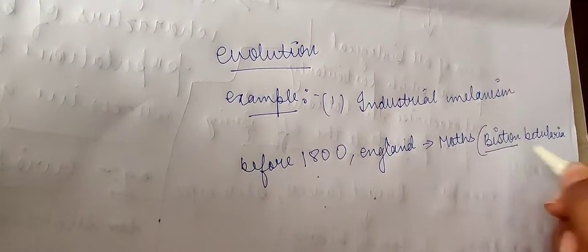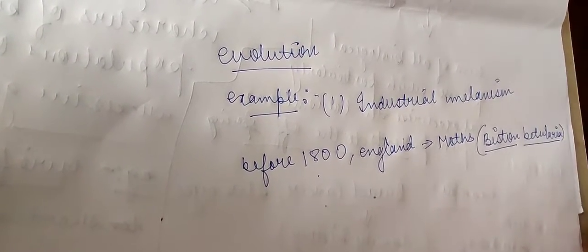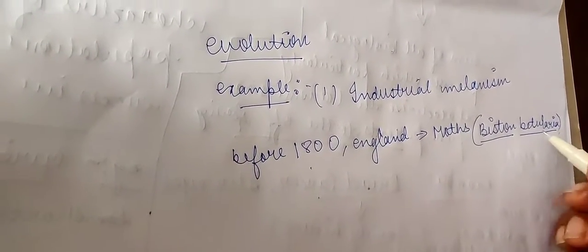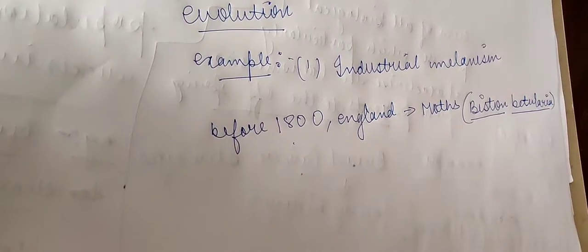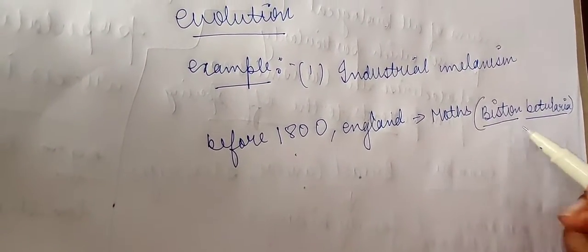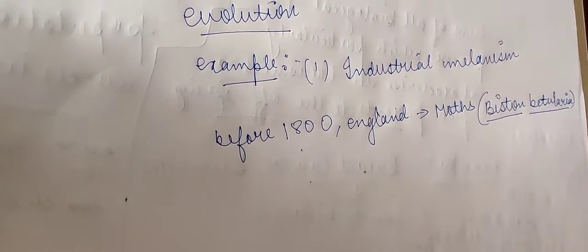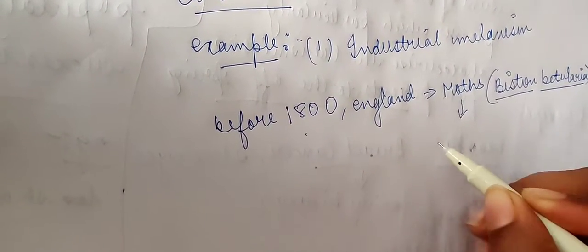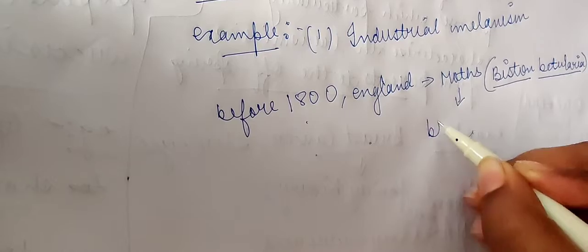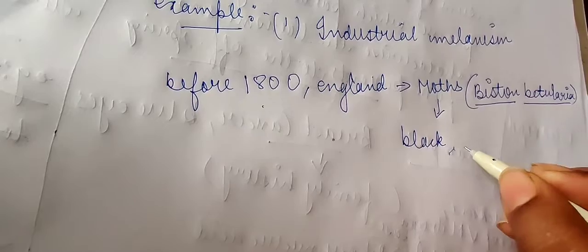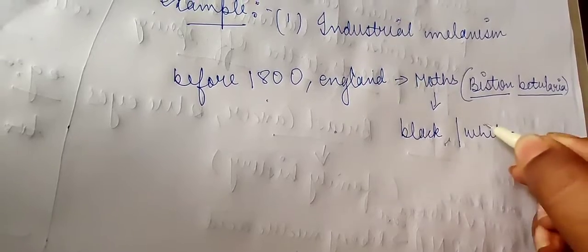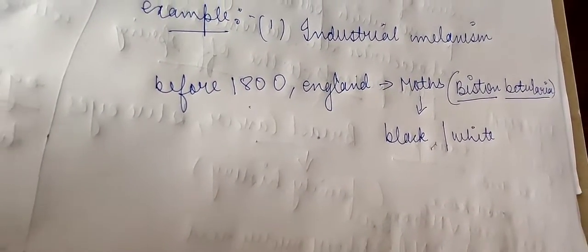You should underline it; the genus and the species name should be underlined. So there were two types of moths: one is the black one, and the other one is the white one.